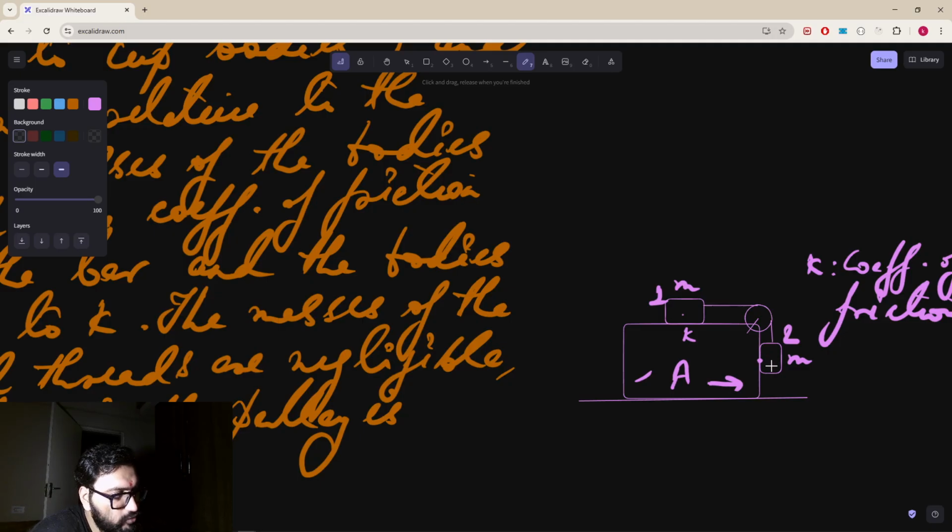Because this body 2 has a tendency to move in the downward direction, the frictional force is going to be in the upward direction. This body also had a tendency to move in the rightward direction, so the frictional force on this body is going to be in the leftward direction.